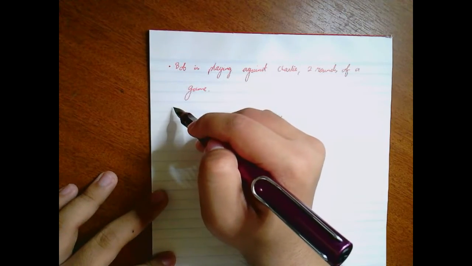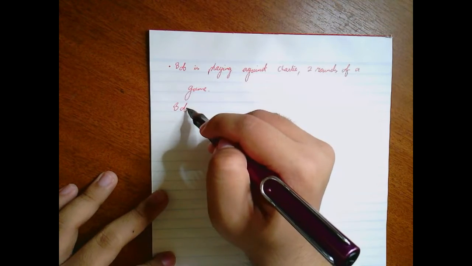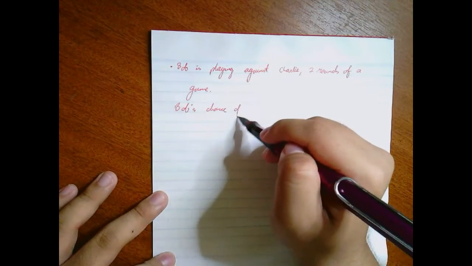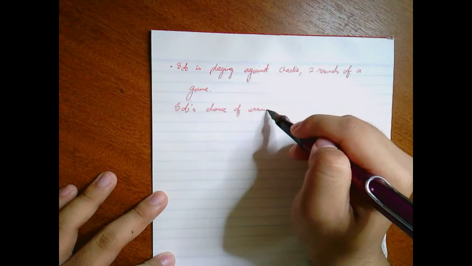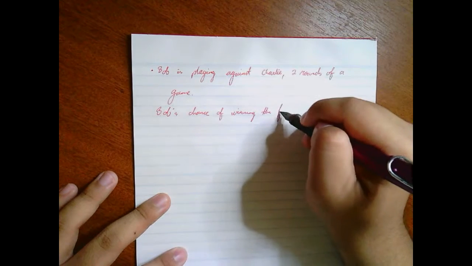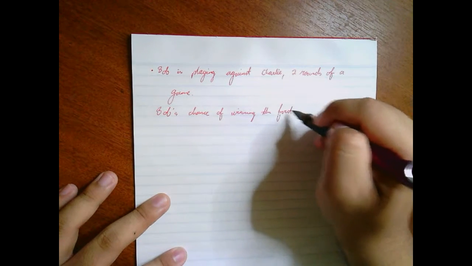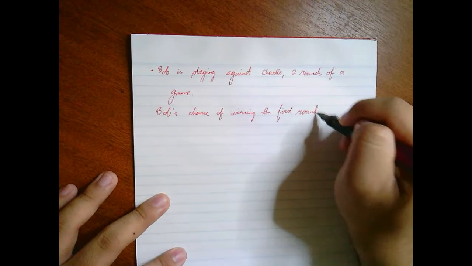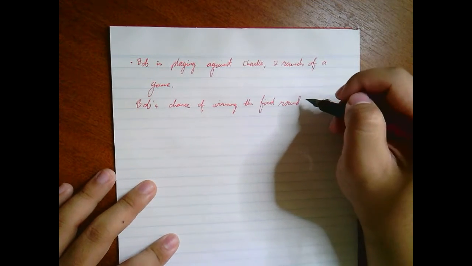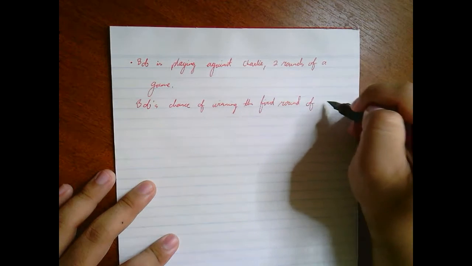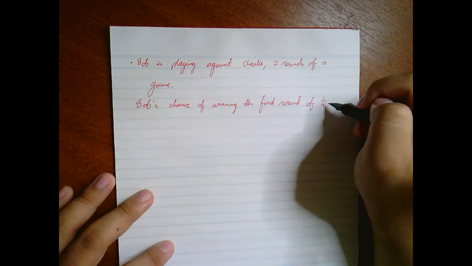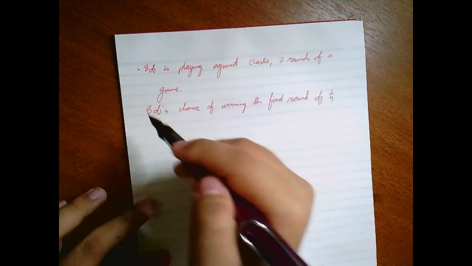So Bob's chance of winning the first round, he's got a smaller chance. Let's say he only has a small chance of winning the first round of 1 in 4. He's got a 1 in 4 chance of winning the first round.